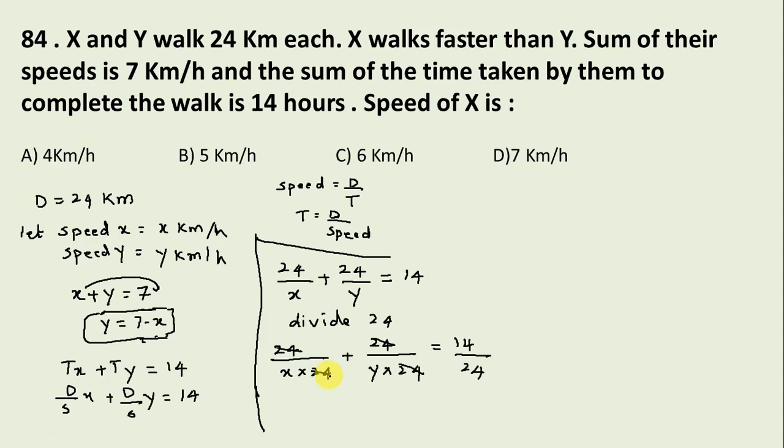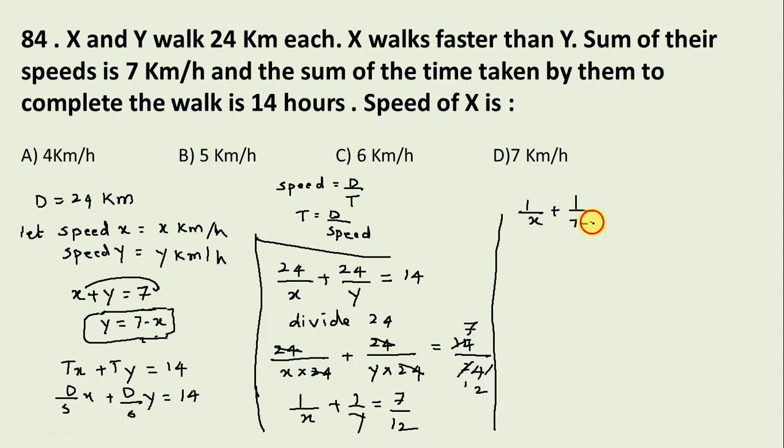Here also 24 cancel. 2 7s are 14, 2 1s are 2, 2 2s are 4. 1 by x plus 1 by y is equal to 7 by 12. 1 by x as it is plus 1 by y, we write here 7 minus x. 1 by x plus 1 by 7 minus x is equal to 7 by 12.